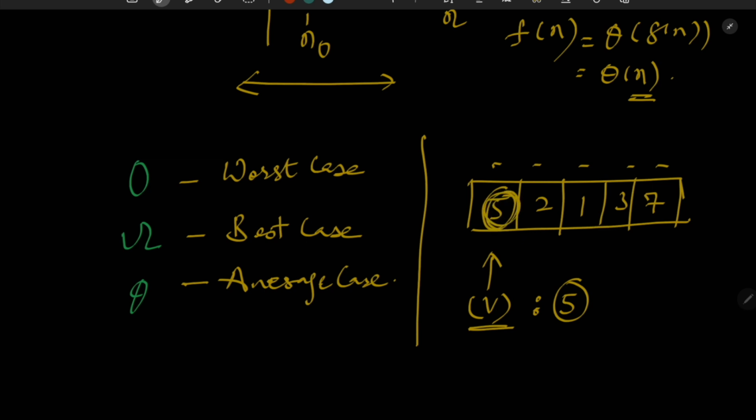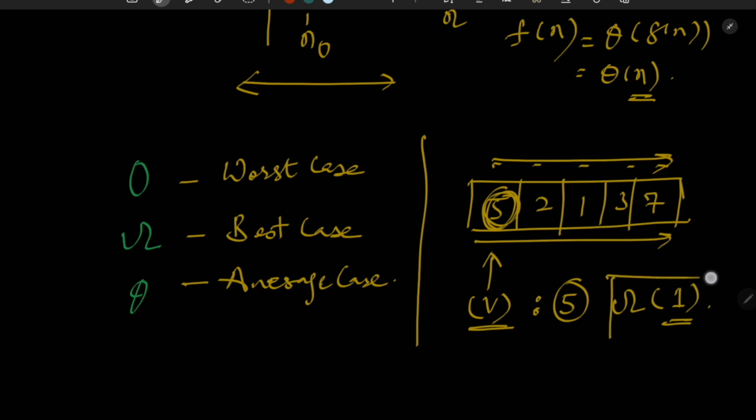So in that case, you could write big omega of 1, like in one comparison or in constant time. So it does not matter how large your array is, you are going to find the presence in just one comparison. So this is the best case complexity.